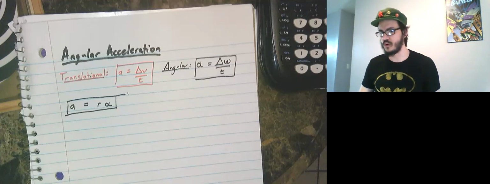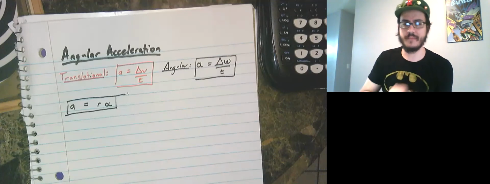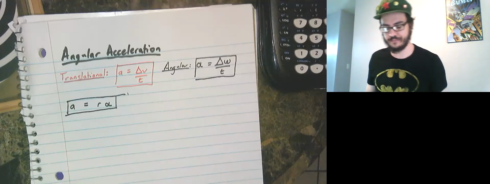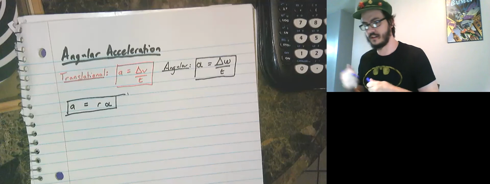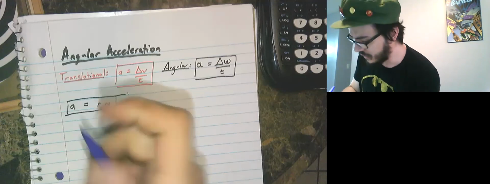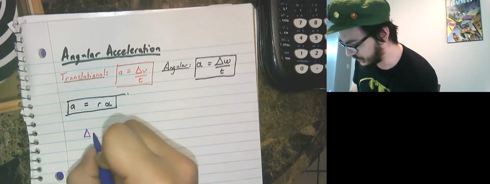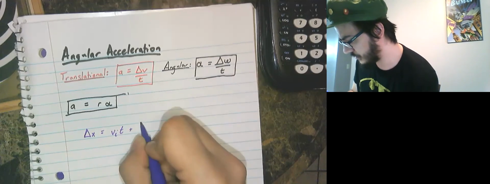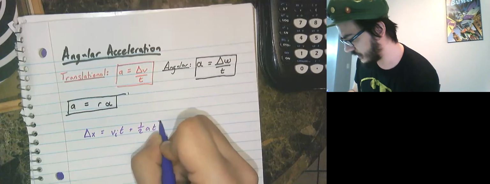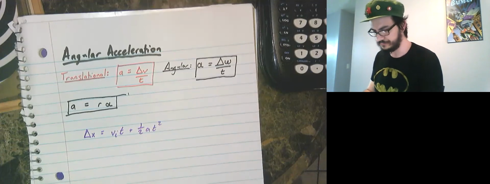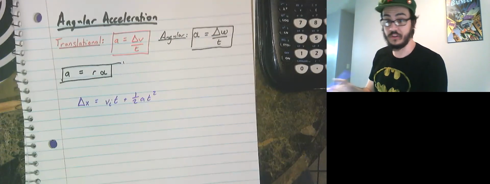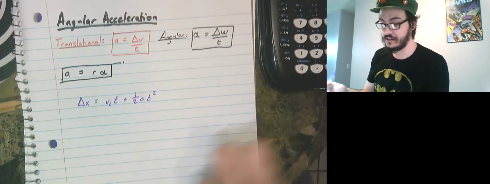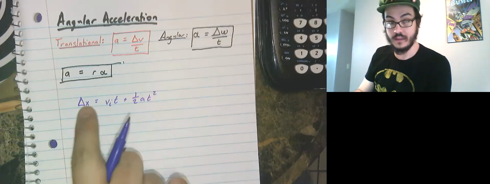These quantities work with all the same kinematic formulae that we know and love. Let's see if I can kick it from the dome here and remember one of them. Displacement would be v initial t plus 1/2 acceleration times t squared. All you have to do to make this apply to angular motion is substitute.